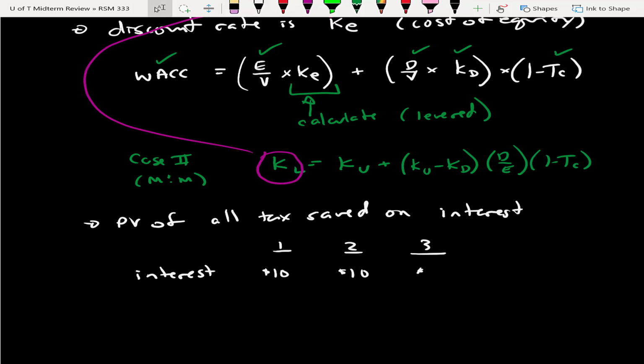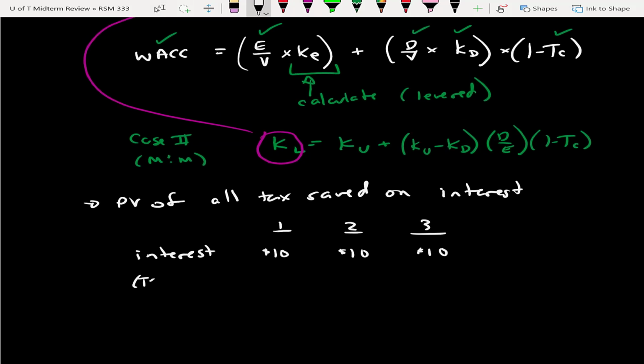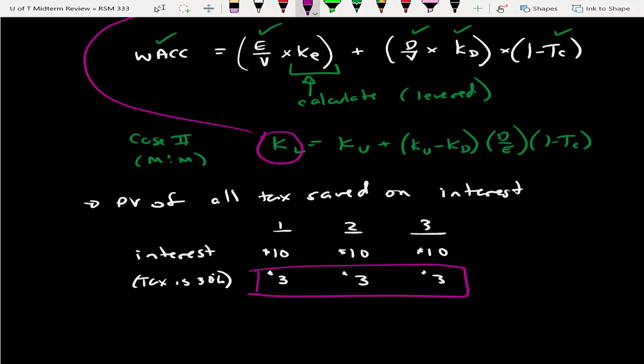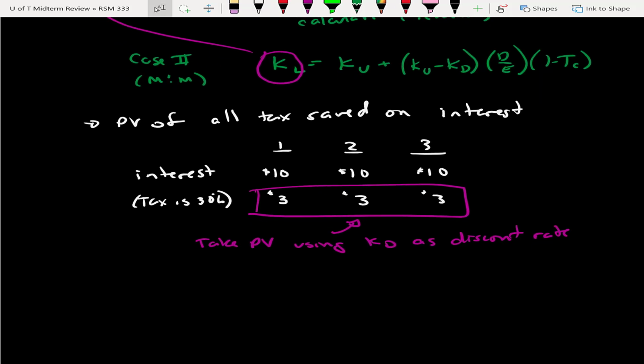If I was to say 10% is your interest, and I'm going to say tax is 30%, then you have savings of $3 of interest, or $3 of taxes each year. And what you would do is you would take the present value using cost of debt as the discount rate. And at that point, you've essentially got what you need for your adjusted present value.